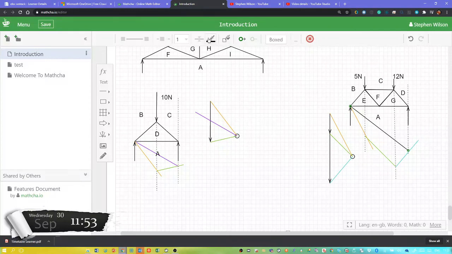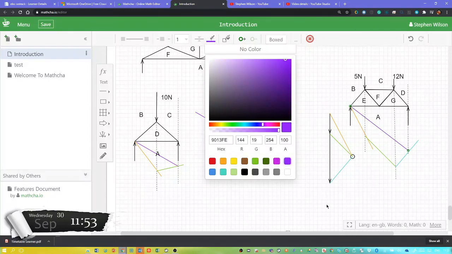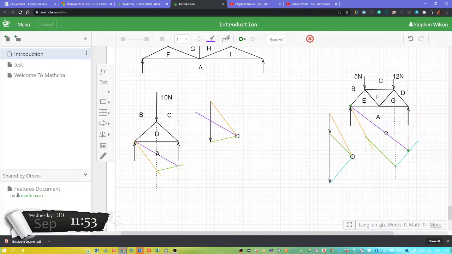Let's make that a nice purple colour. Then we draw a line parallel to that line through our origin. So from here to here, going up, is reaction force 2, and from here to here is reaction force 1. And that's what that looks like.